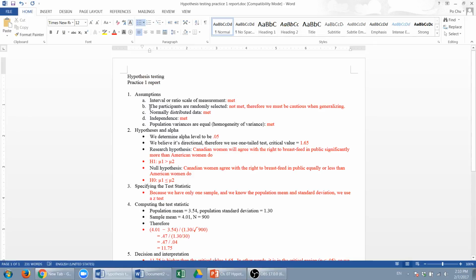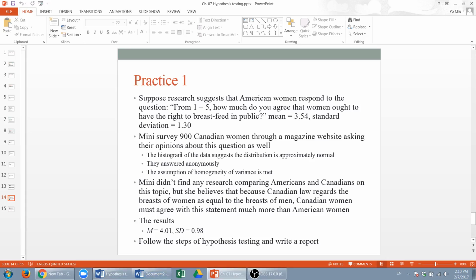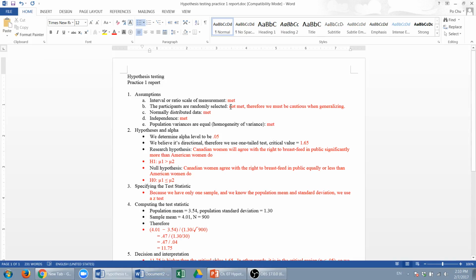The assumption that the participants are randomly selected has not been met because Minnie surveyed women only through a magazine website. So we'll have to specify in our report that we must be cautious when generalizing.